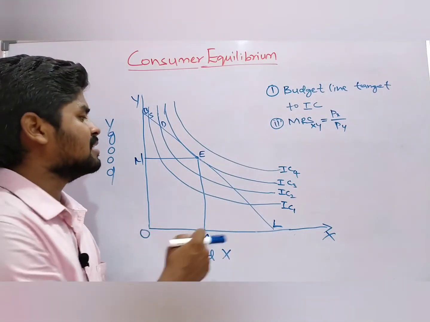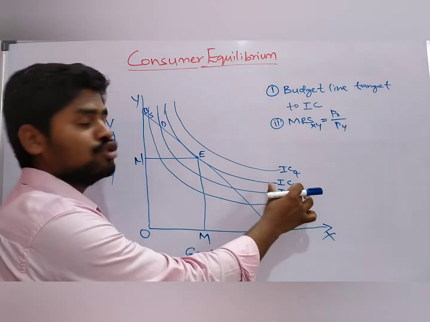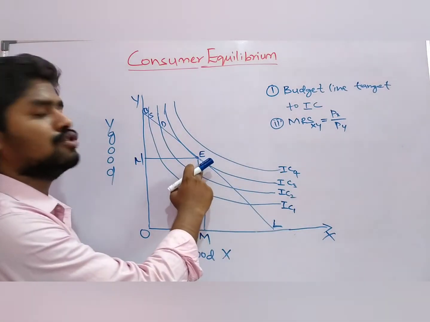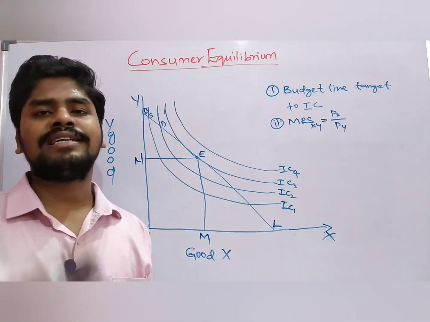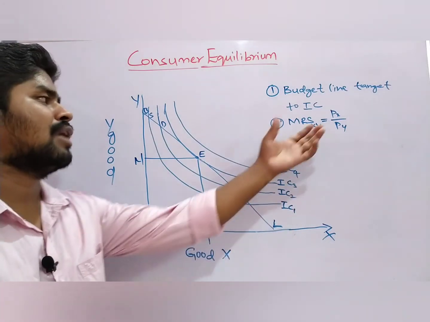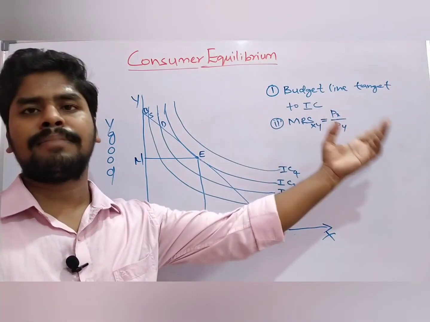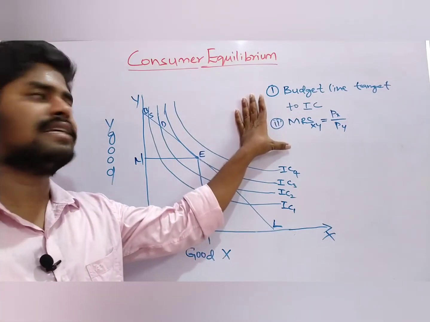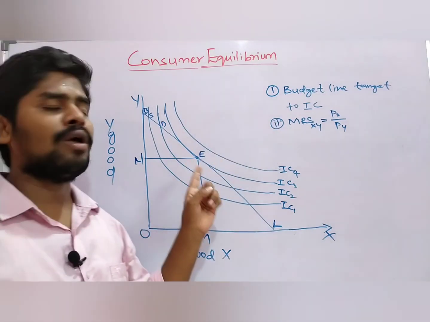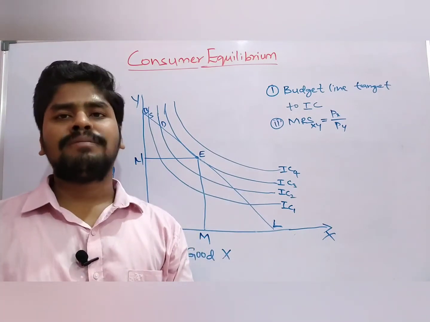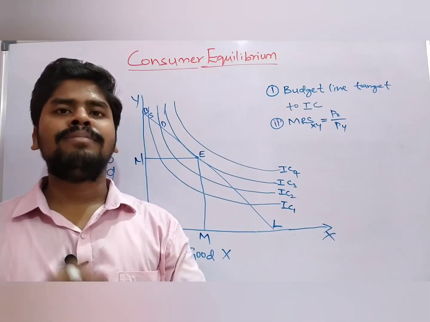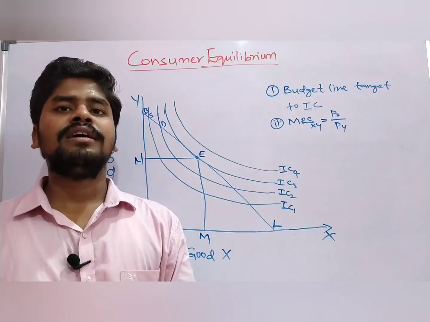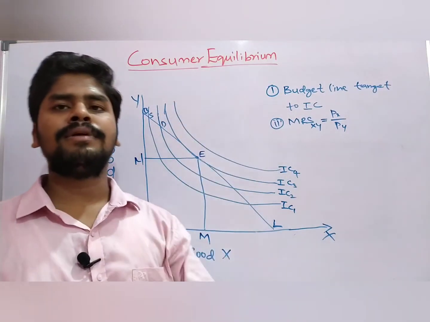That is the reason why at IC3 at point E the consumer gets maximum satisfaction, with MRS of X equal to the price of X by the price of Y. The two conditions are satisfied, so at point E the consumer reaches maximum satisfaction. That is consumer equilibrium.